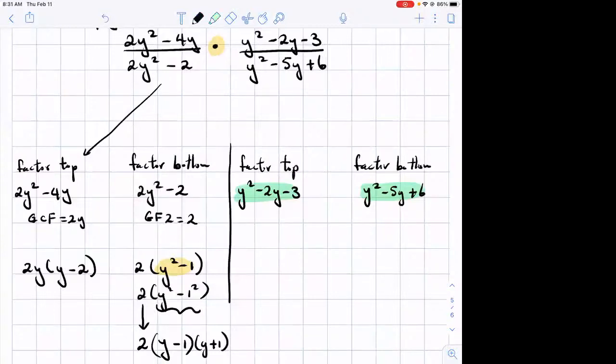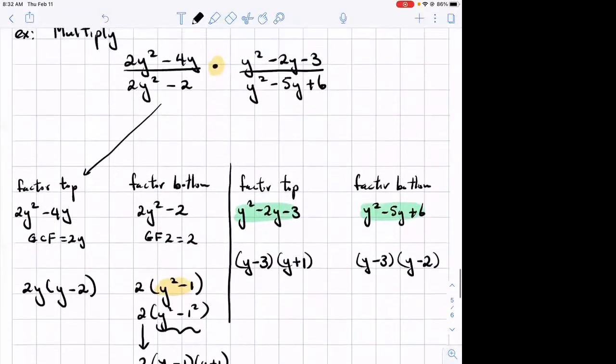If we do this, we should get y minus 3 times y plus 1. If you have to take a minute and look back at your notes or video on factoring quadratics, then please do so. And likewise, if we factor this quadratic here, we should get y minus 3 and y minus 2.